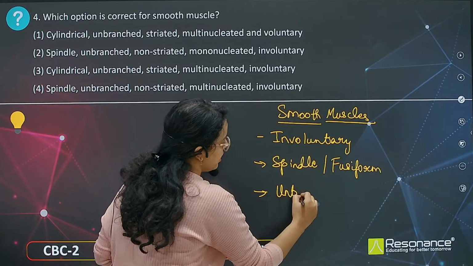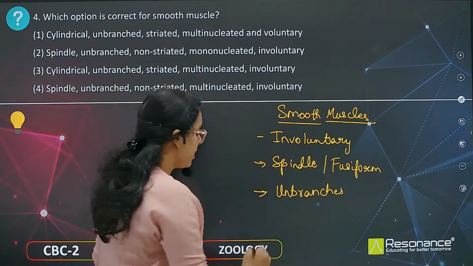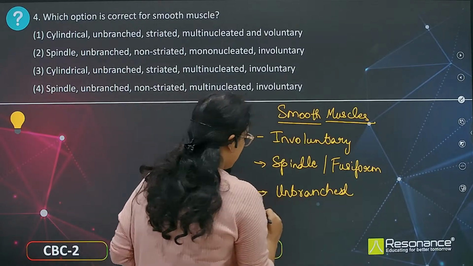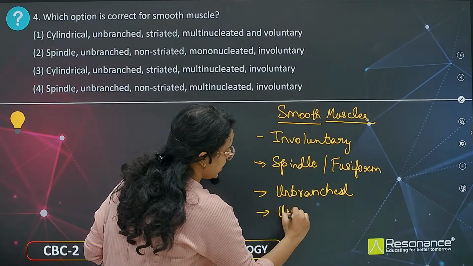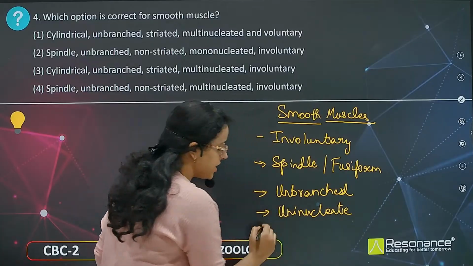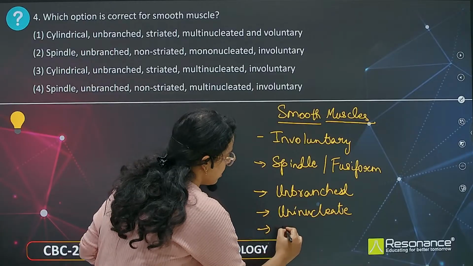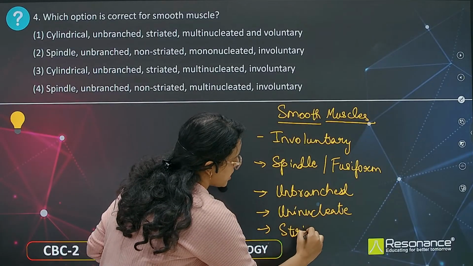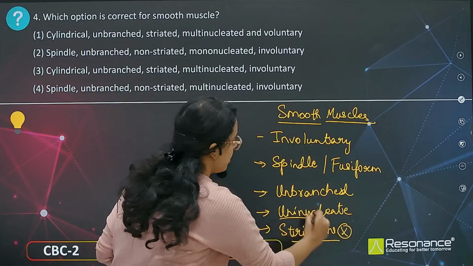Unbranched. They don't have branches like cardiac muscles. What else? They have a single nucleus, uninucleate. They don't have striations, light and dark bands are absent. So striations are absent, unstriated. These are the features.